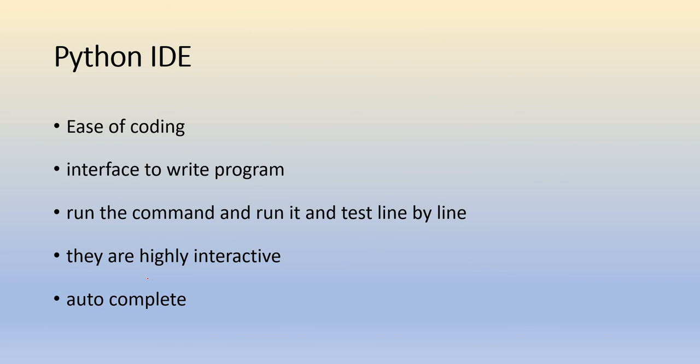And now what we are going to see is the Python IDE. What is a Python IDE? Python Integrated Development Environment. Python supports various kinds of IDEs. One is Jupyter Lab, and we can also work with Jupyter Notebook.